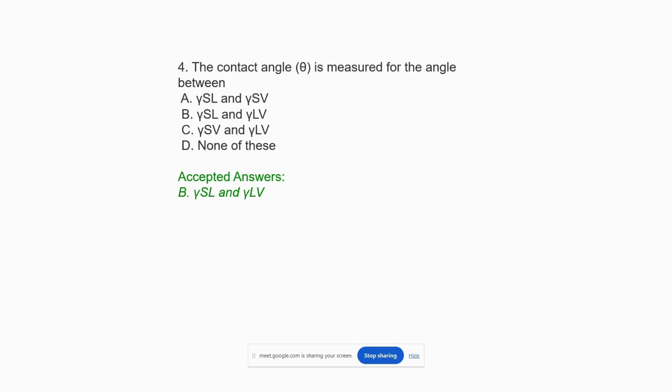And then the contact angle theta is measured by the angle between gamma SL into gamma SV.